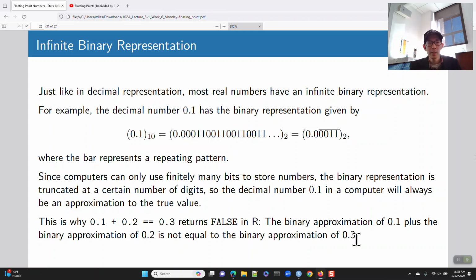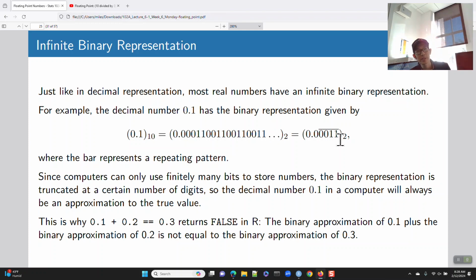And just like in decimal representation, most of the real numbers have infinite binary representation. So the decimal number 0.1 has the binary representation 0.0001100110011, and so on and so forth, with the 0011 pattern going on infinitely.